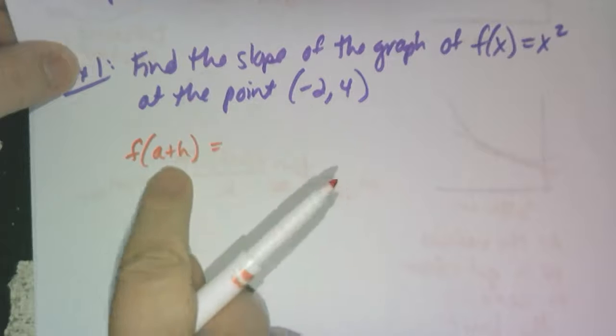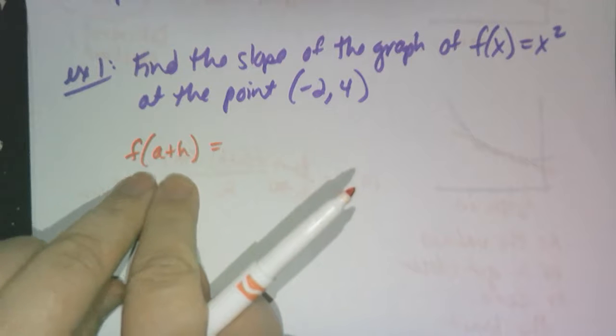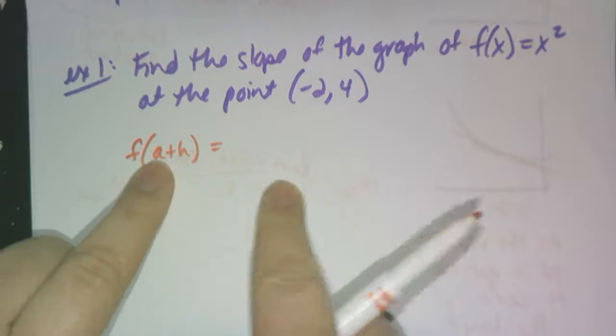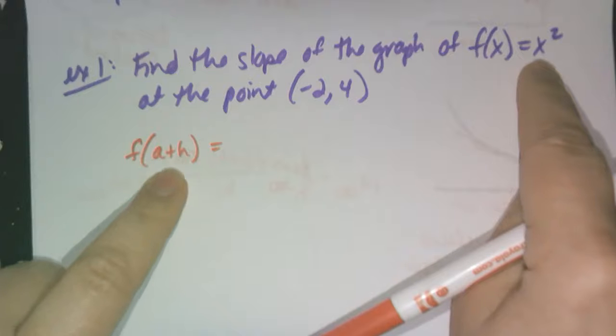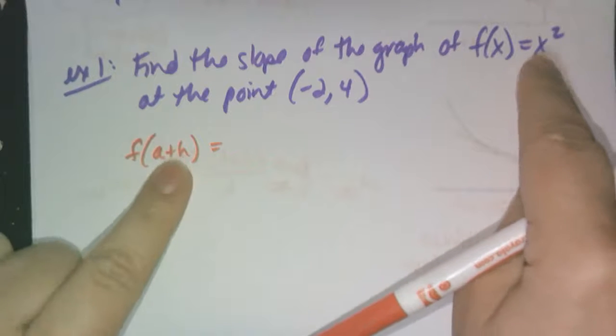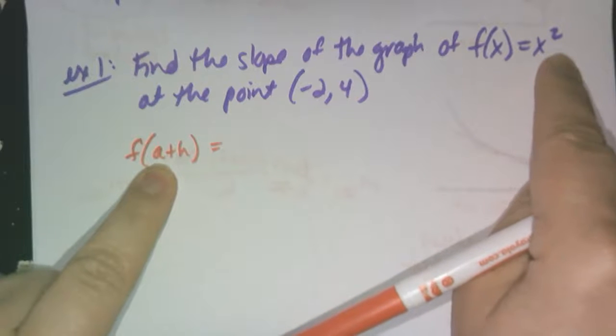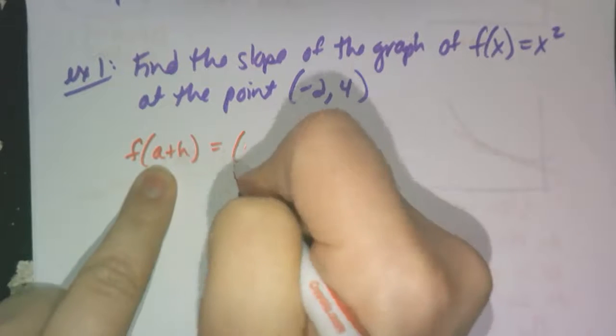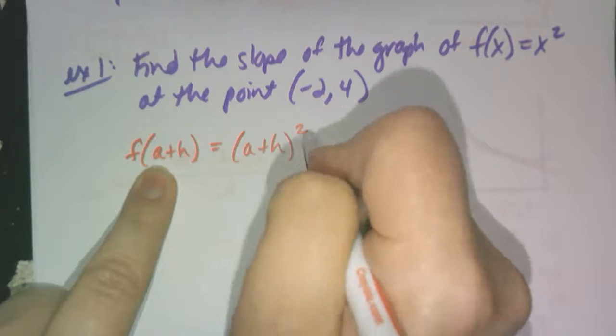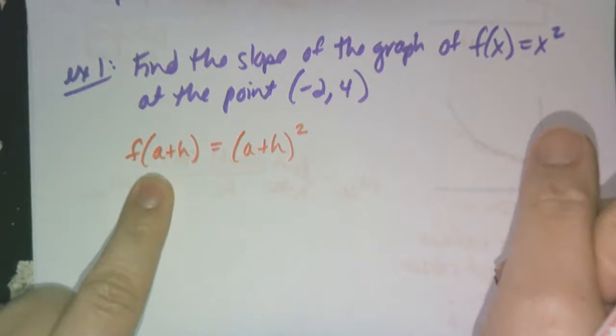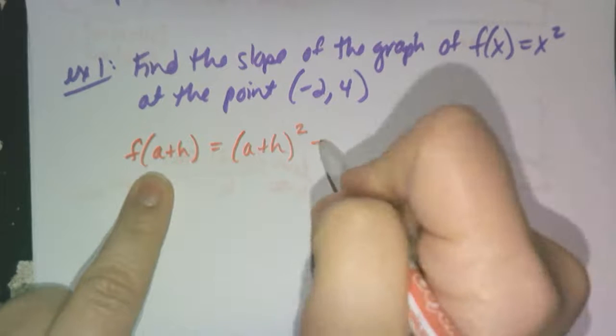So what does that mean again? What do I do with A plus h? Plug it in, right? If this was f of 3, you'd plug in 3. If this was f of 5, you plug in 5. Well, if it's A plus h, guess what you plug in? A plus h. So A plus h squared. Okay?